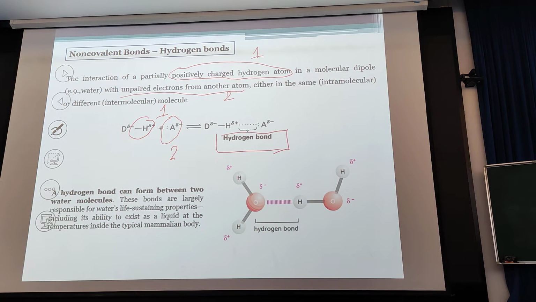So hydrogen bonds can form between two water molecules by the weak interaction between a hydrogen of one water molecule and the oxygen of the second water molecule.